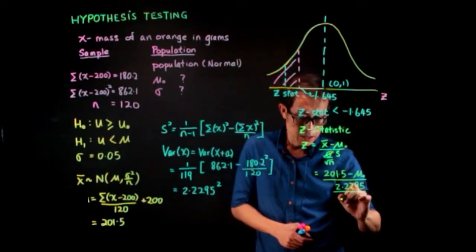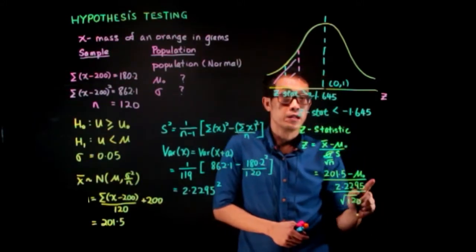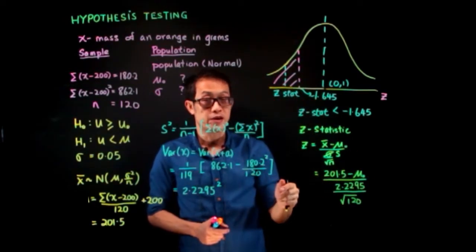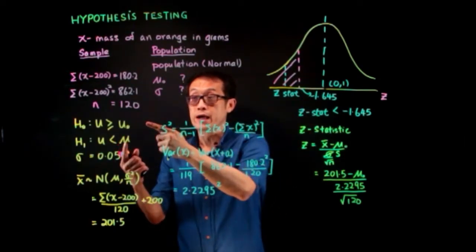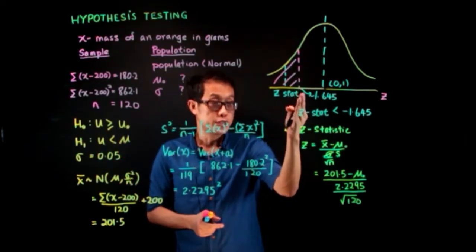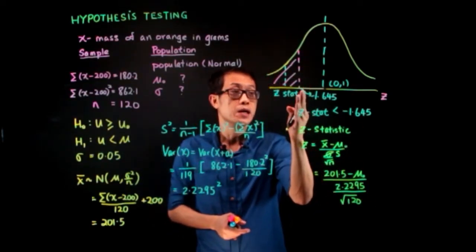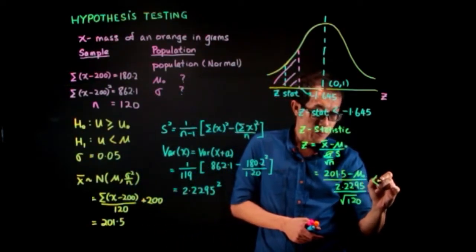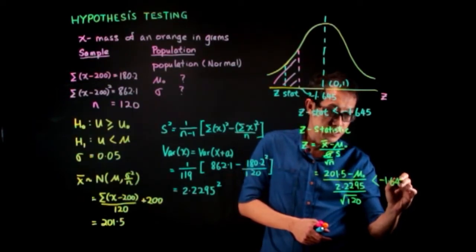N is 120, so square root of 120. Now this must be less than minus 1.645, because we want to reject H naught. So to reject H naught, your test statistics has to be less than minus 1.645.